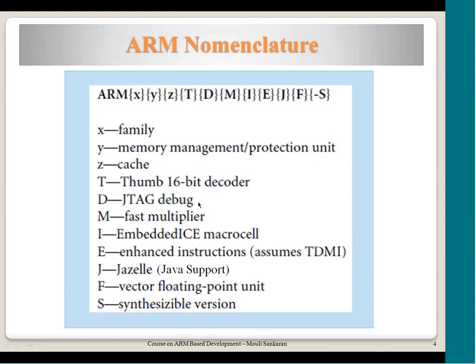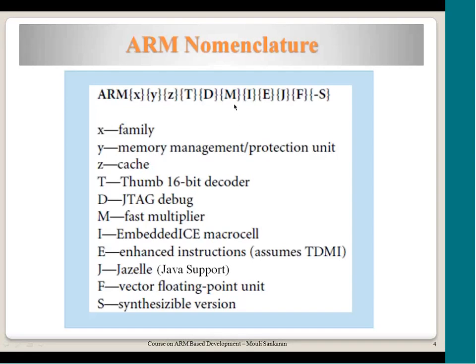That means you will be able to debug the hardware, the chip, by connecting it to the JTAG port and your development platform, and you can do debugging, stop, apply breakpoints and other things. We will talk about this in the back end of the course.